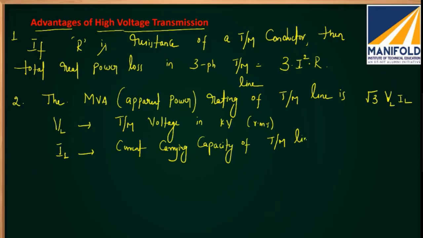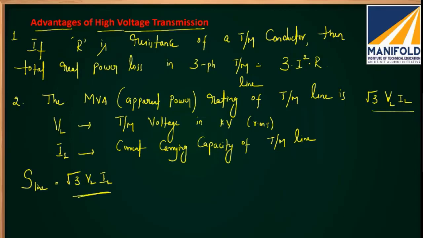That means how much current it can safely carry without getting damaged. VL is the transmission line voltage, like 33 kV, 66 kV. So how much apparent power we can transfer in a transmission line is given by root 3 VL IL. So transmission line capacity is root 3 VL IL.